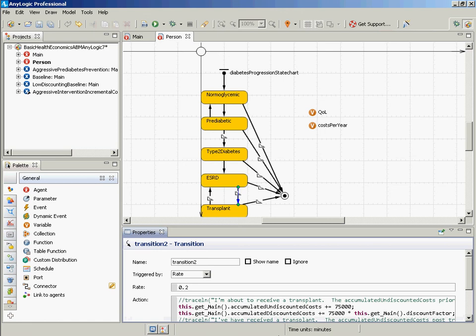So here, what we're doing is we're actually incrementing directly that stock that's in main. Hence it says get main. This is created in AnyLogic 6, so now we could do main dot, and we're incrementing that by an amount that's appropriate given the type of health event that's being undertaken here.